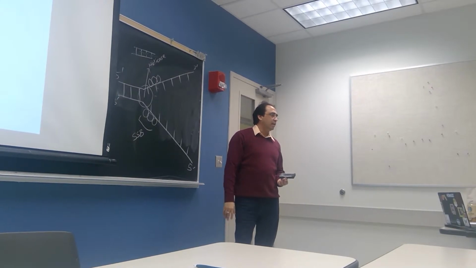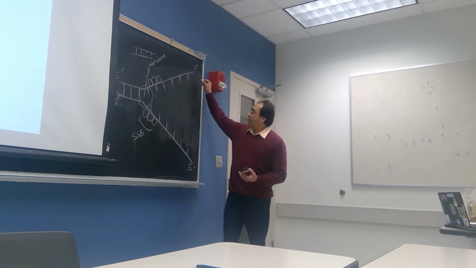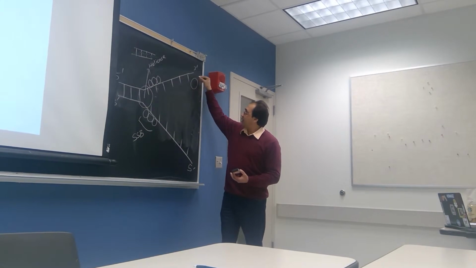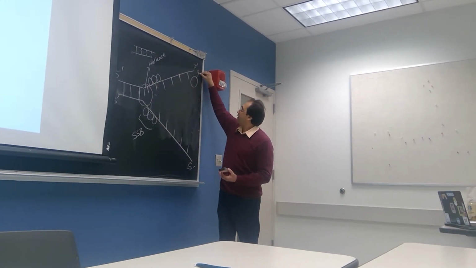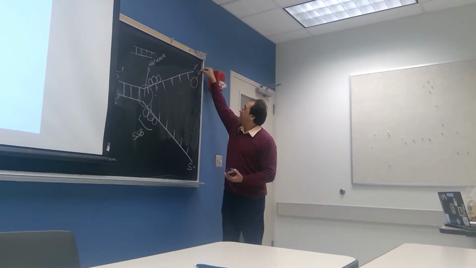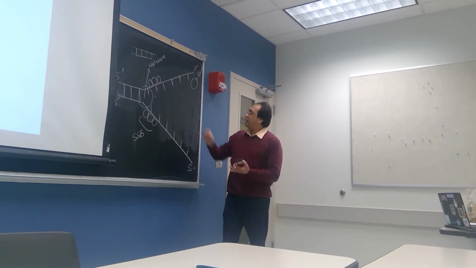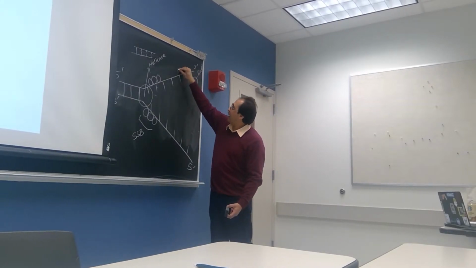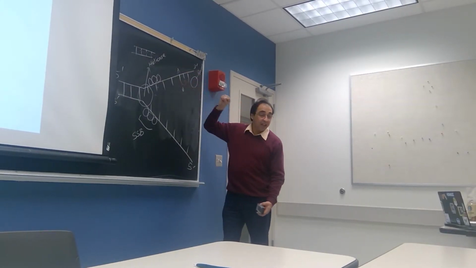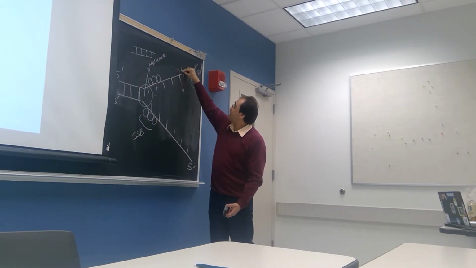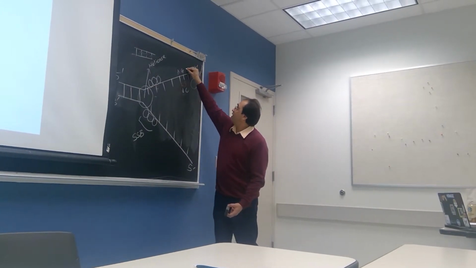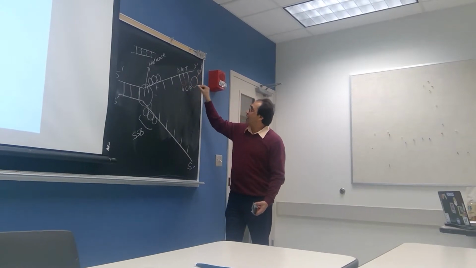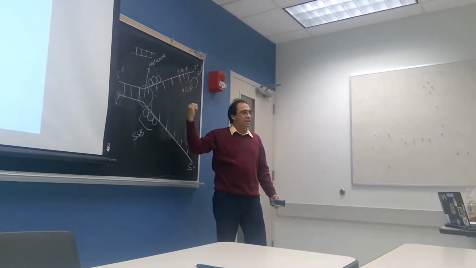So then another enzyme called primase comes up here and forms a primer. If it is A, here will be U, it is RNA. If it is G, here will be C. If it is T, here will be A. This primase is creating this short primer.